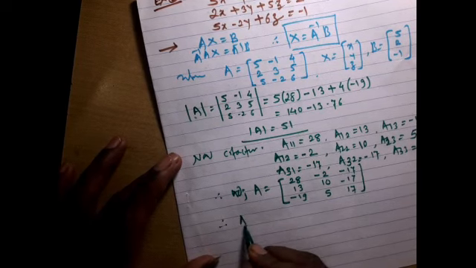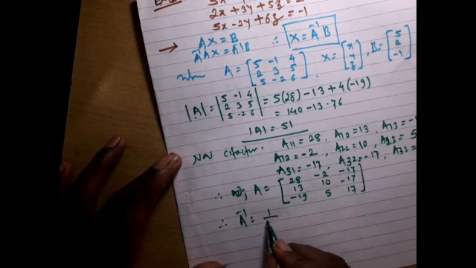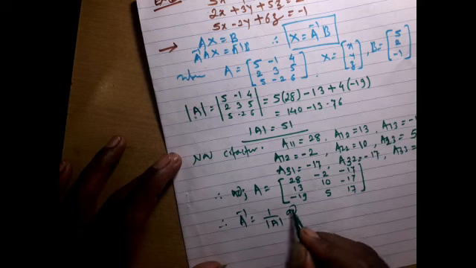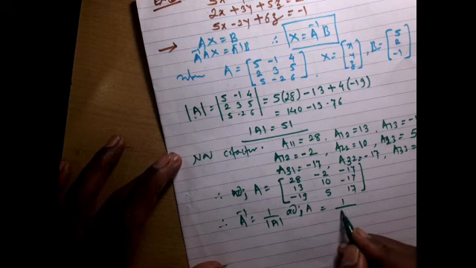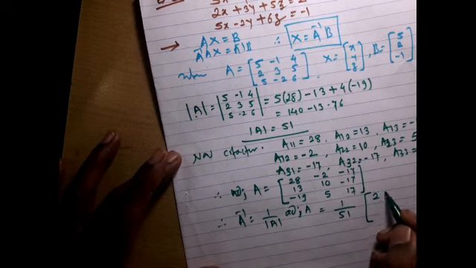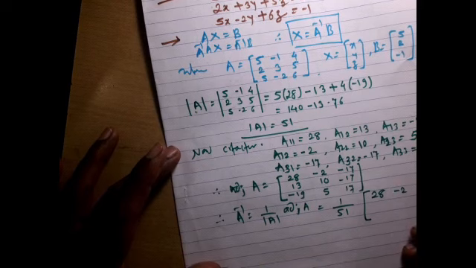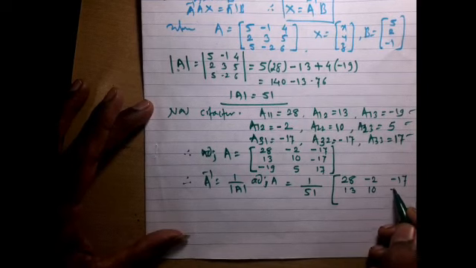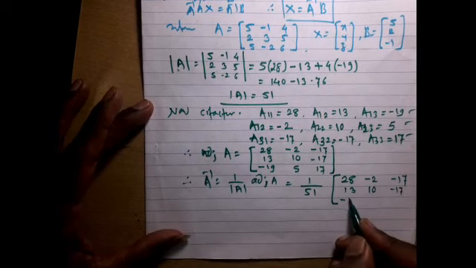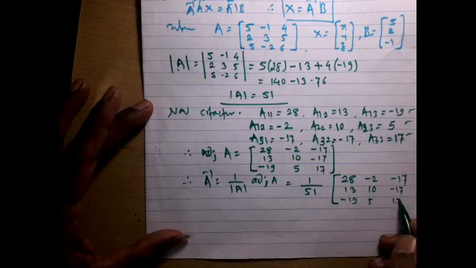And therefore A inverse is 1 upon determinant of A into adjoint of A, that is 1 upon 51 into 28 minus 2 minus 17, 13 10 minus 17, minus 19 5 17.